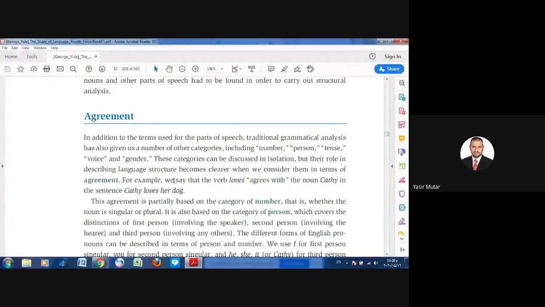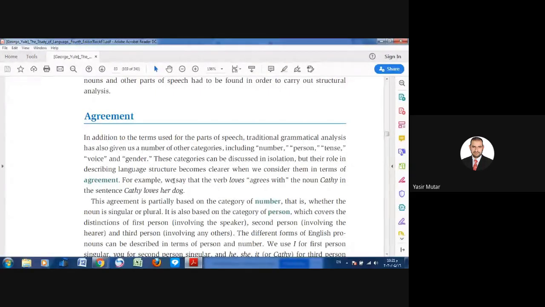So I can connect words within the sentence in a certain way, and it is acceptable, and it is not acceptable if I make some changes that are opposite to the agreement or the main idea of the sentence.